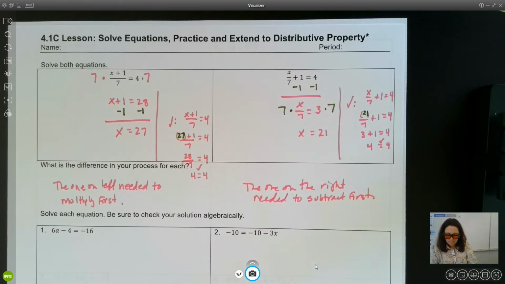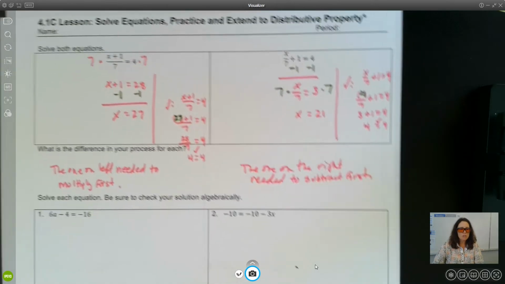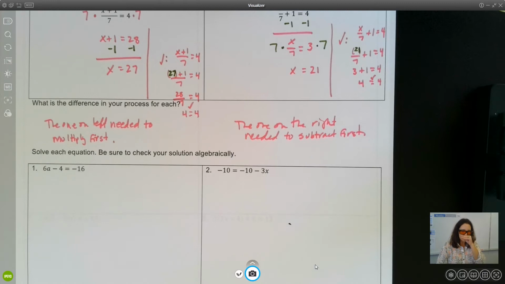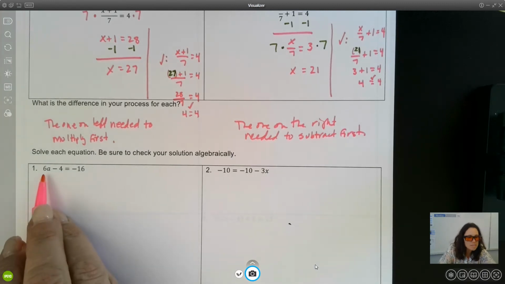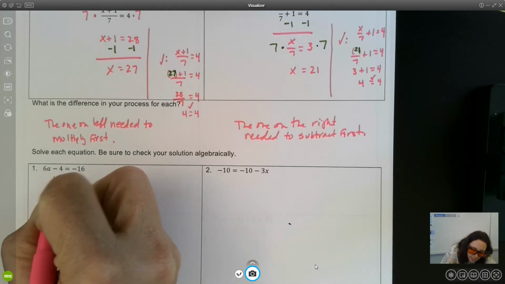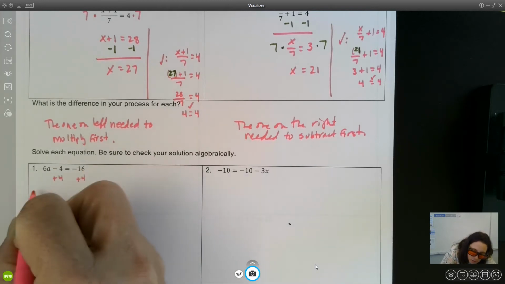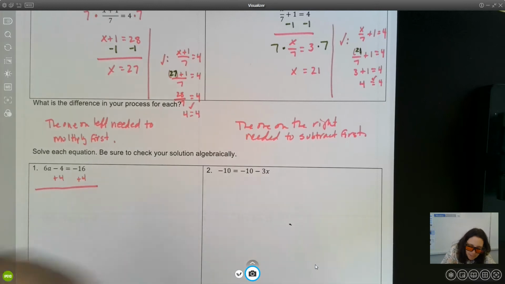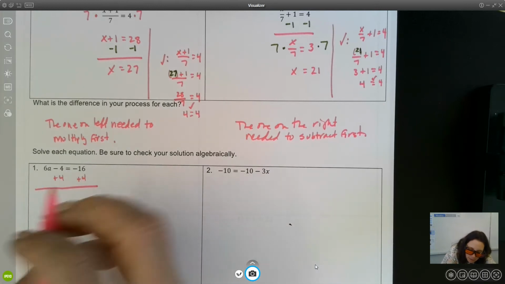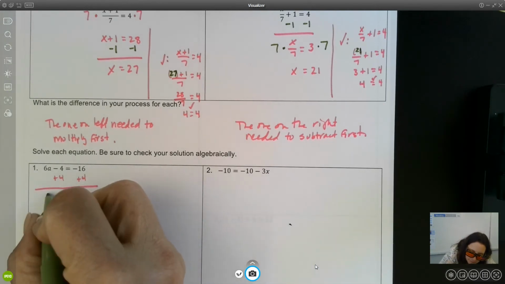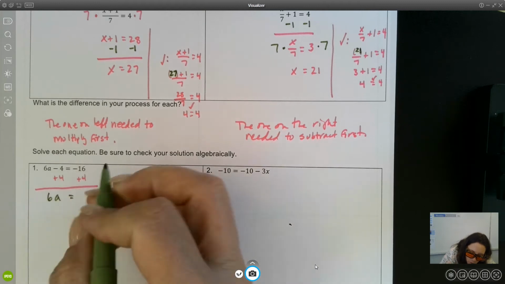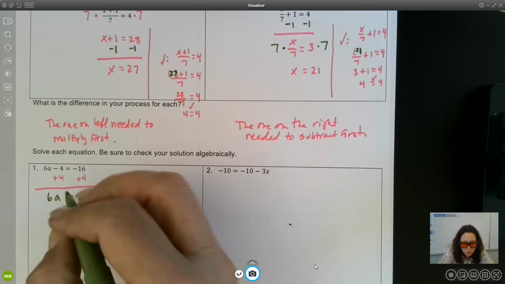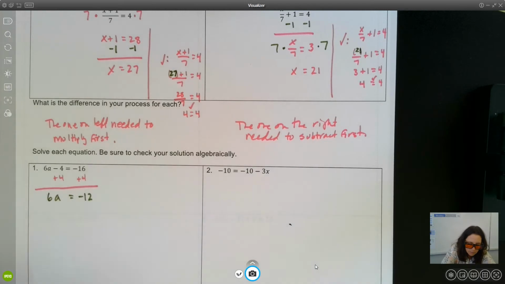All right, let's take a look at this guy. Solve each equation, be sure to check your solution algebraically. All right, so we want to try to get to the 6a. We're going to add 4 to both sides first. So this would end up being 6a equal negative 16 plus 4 is negative 12.